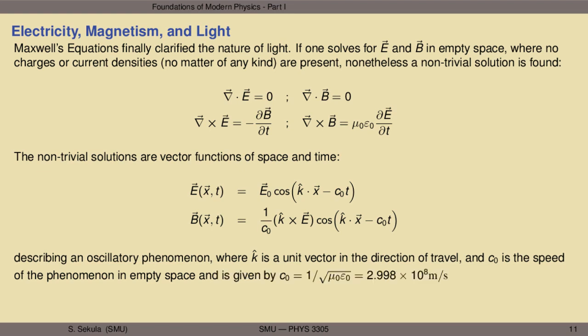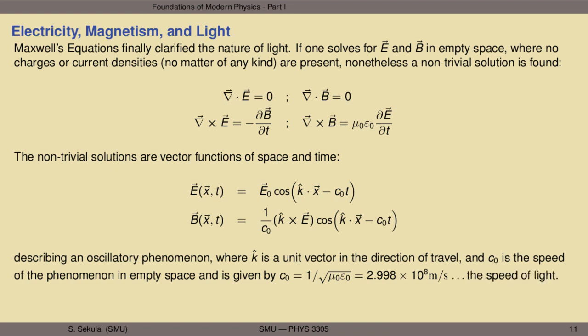And it turns out that you can solve for that speed, and you find out that it's equal to 1 over the square root of those fundamental constants of nature, mu naught times epsilon naught. And if you plug those numbers in, you get an amazing fact out of this. That whatever this phenomenon is, it travels at 2.998 times 10 to the 8th meters per second. And for the astute among you, this is the speed of light.